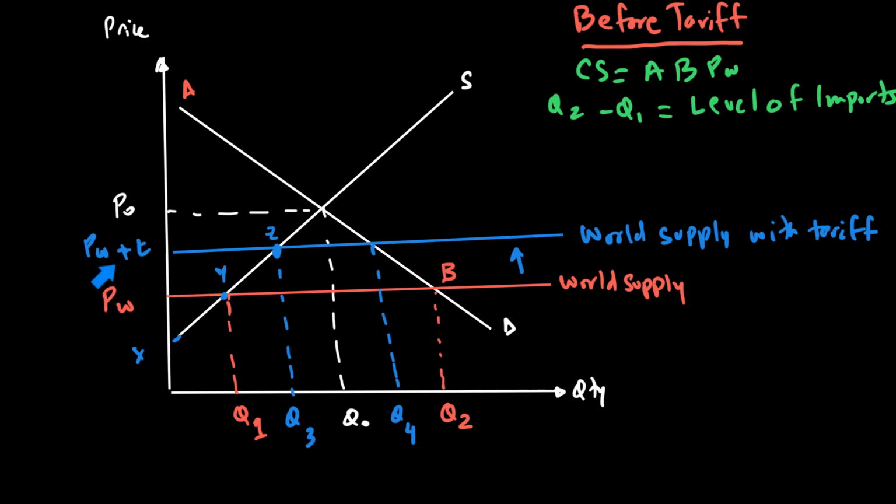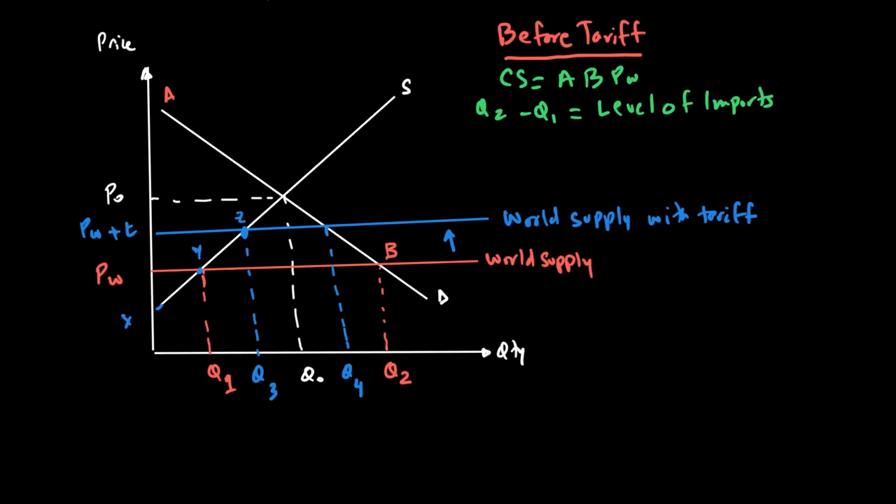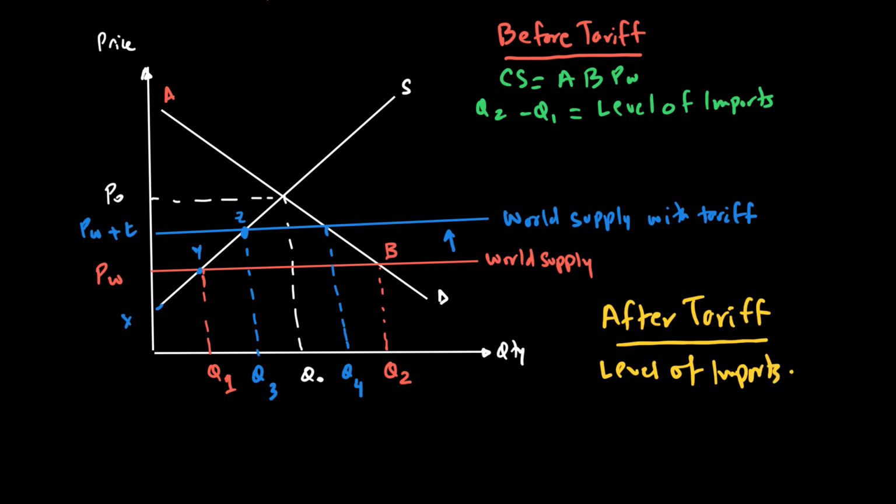So when you put a price of PW plus T, the domestic production goes up to Q3, domestic consumption goes down to Q4, and therefore after tariff, we can write this, our level of imports become Q4 minus Q3.